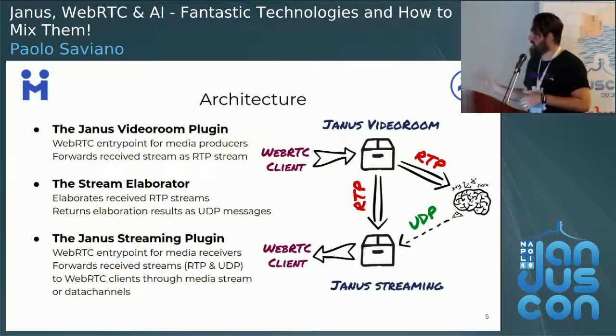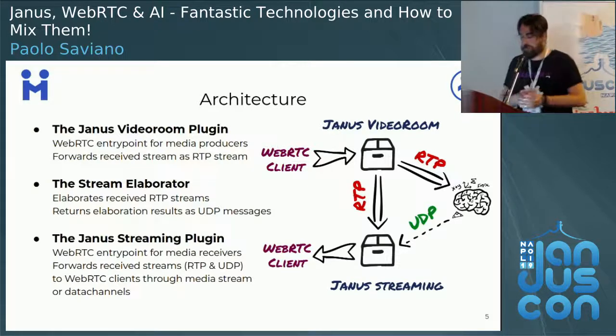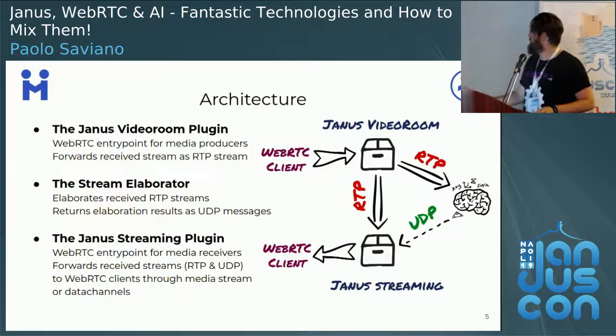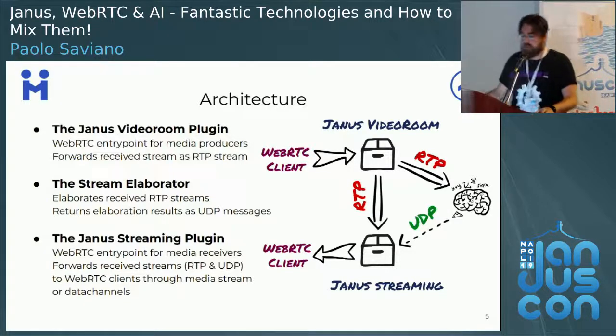The third and last component is the Janus Streaming plugin, in charge of receiving both the RTP streams from the Janus VideoRoom and the elaboration results from the stream elaborator. The streams, as well as the results, will be forwarded to the WebRTC-compliant receivers through media channels and media streams and data channels.